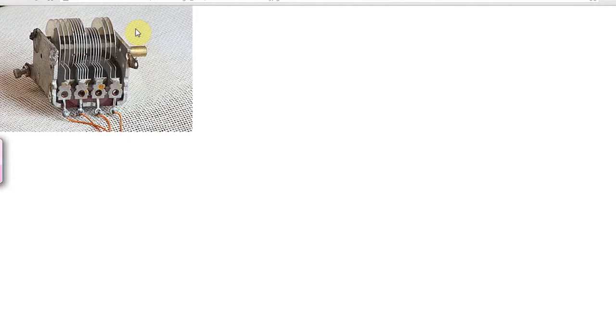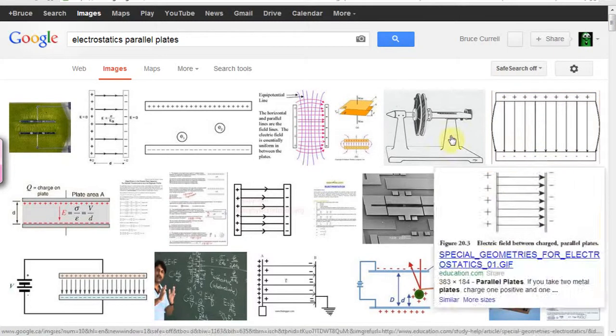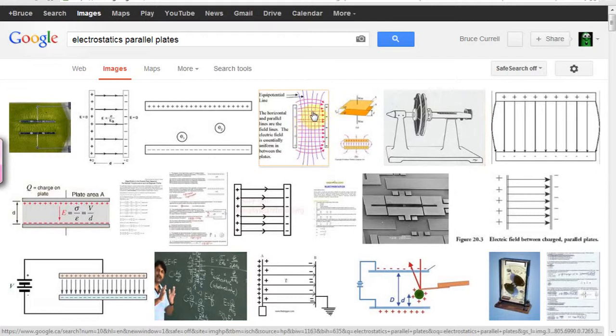As you dial in more plates, you get different E fields, and if you search for electrostatics parallel plates, there's lots of these diagrams. E going down, positive to negative, and the physics that occurs in between is quite easy to calculate.